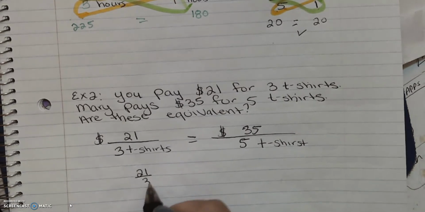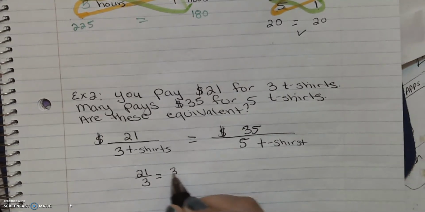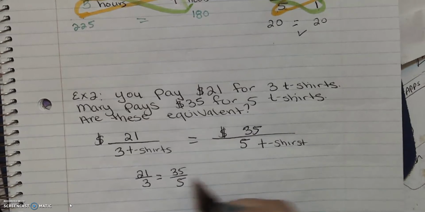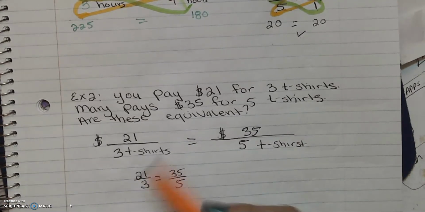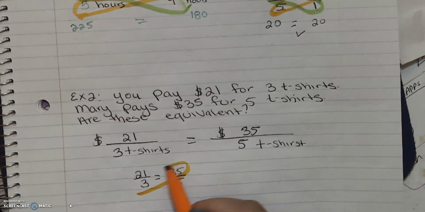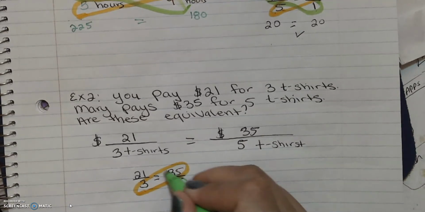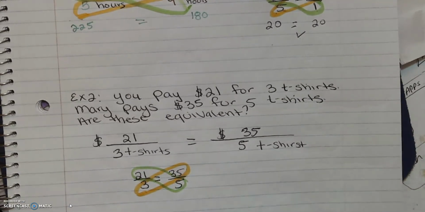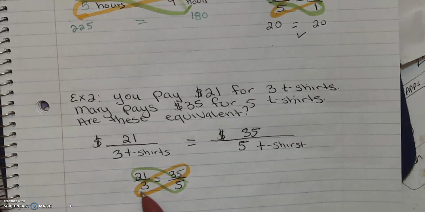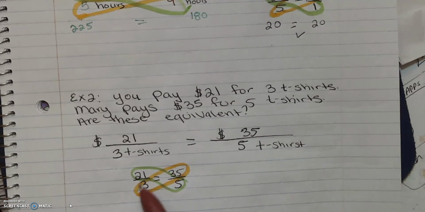21 over 3, does that equal 35 over 5? Let's go ahead and do our butterfly method, our little proportions here. So let's see, what do we have on this side? 3 times 35.